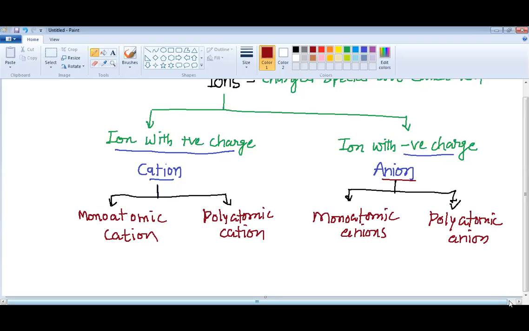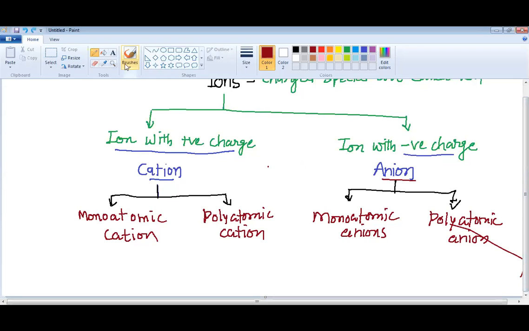Please understand, my dear students, that the cation can be monoatomic cation and polyatomic cation. Anion can be monoatomic anion and polyatomic anion. This is how we understand the cations and anions. I hope you understand, dear students. Do you understand? Yes, sir.